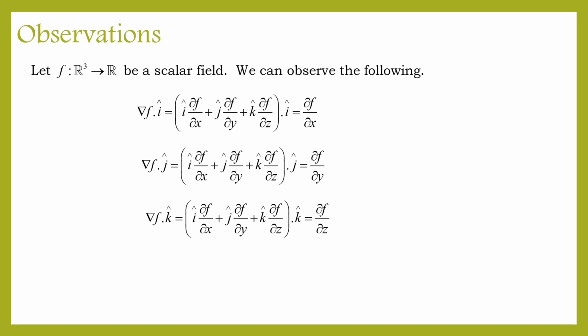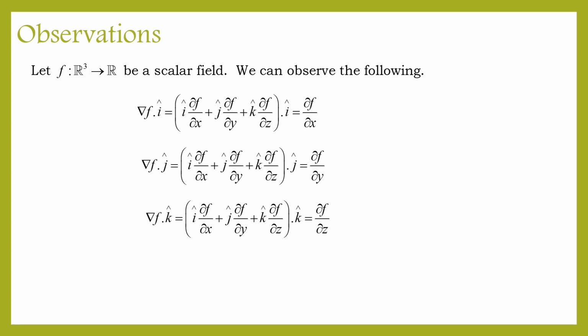We have to observe a few things now. What happens if we take the dot product between del f and i cap? Suppose w equals f of x comma y comma z is a given surface.